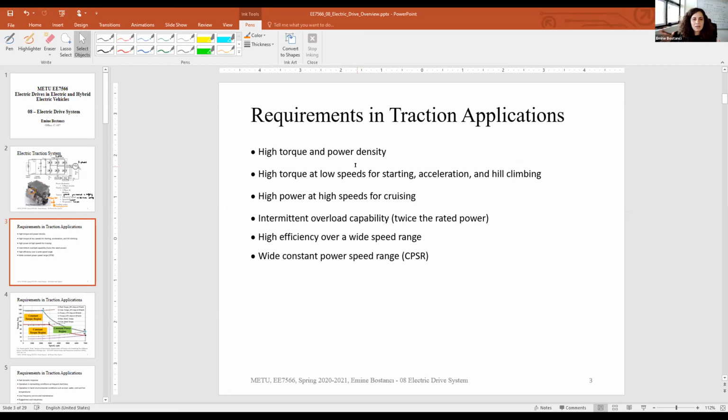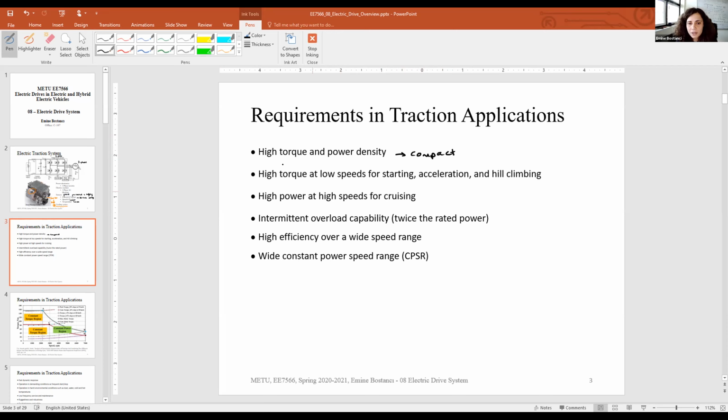Even if you need a high torque and a high power, you want a compact system, because you are going to keep carrying the system in the vehicle and you need to spare space for it. So it has to be compact.